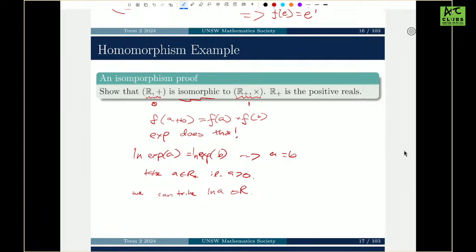And if we do, we can just see that e to the ln A equals A. And note that ln A is always going to be defined when A is greater than 0. So we can always take ln A without worrying. So that gives us surjectivity, and this is injectivity. So we have that it's a bijection. So there's our proof.